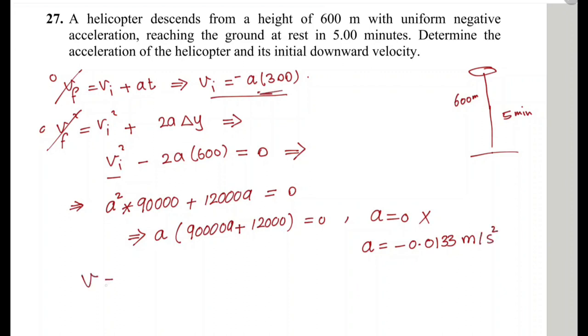V in this case equals minus a times 300, or minus minus 0.0133 times 300, in other words, V equals 4 meters per second.